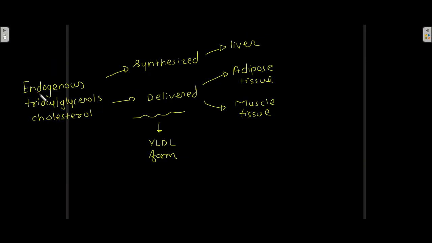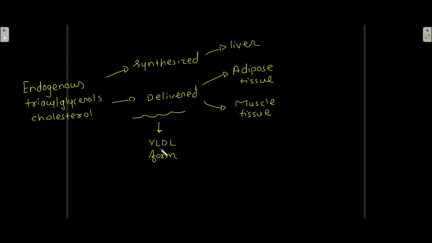Now endogenous triacylglycerol and cholesterol, these two molecules which are synthesized by the liver, are delivered to the adipose tissue and to the muscle tissue in the form of VLDL, very low density lipoproteins.